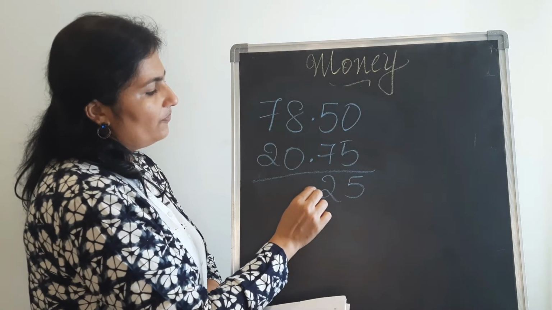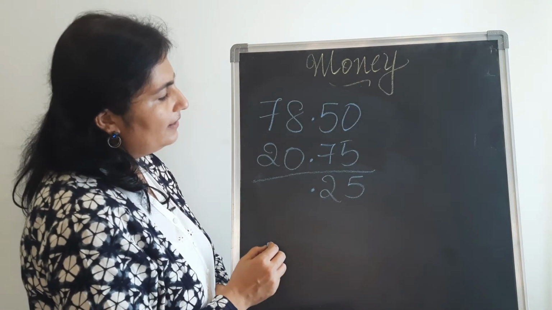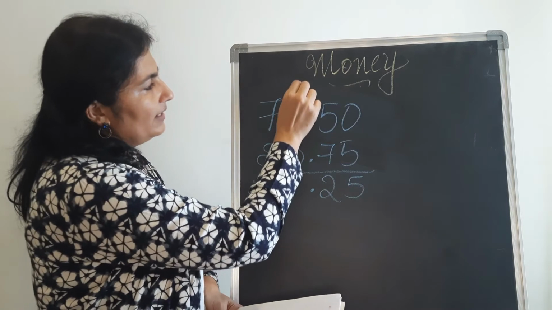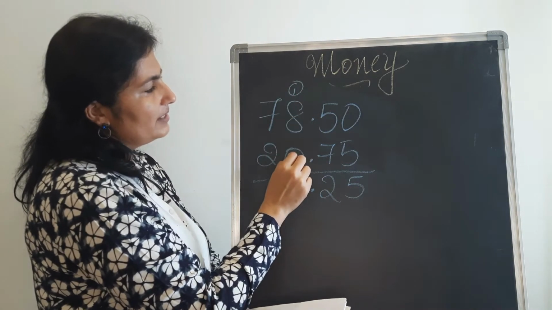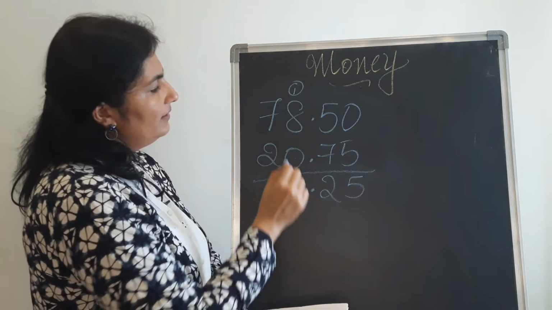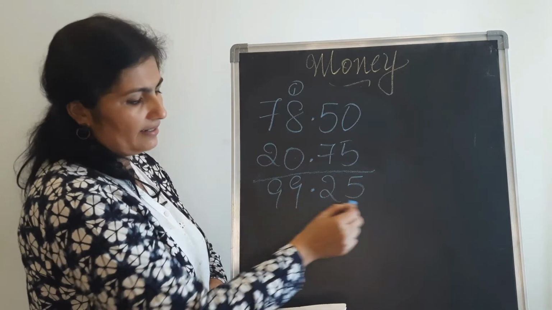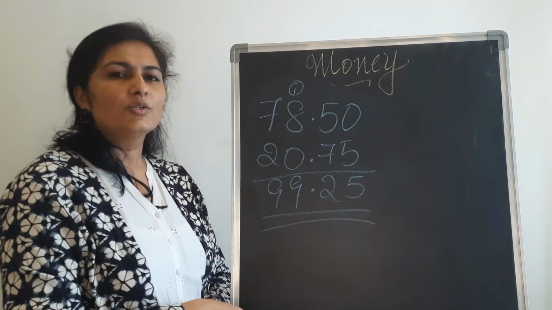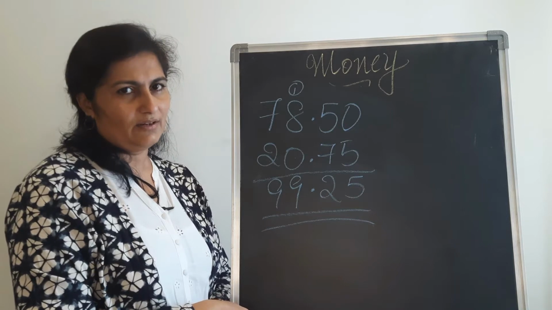So we carry 1 here. So 8 plus 0 is 8 plus 1 is 9. 7 plus 2 is 9. 99 rupees 25 paise we got.